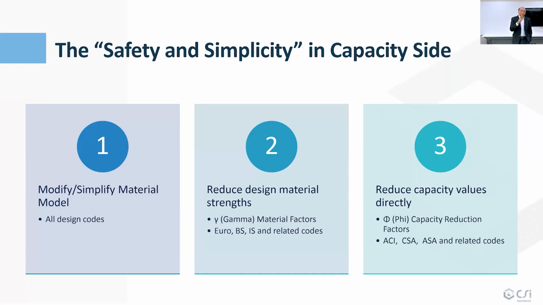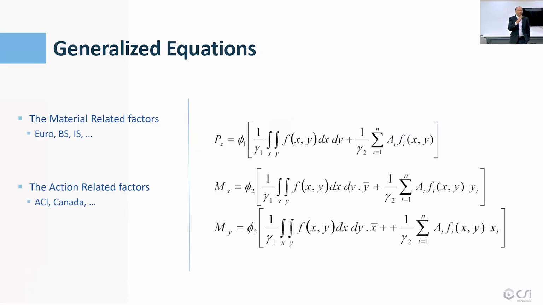To do that, the codes have to simplify things, because the full equations that I showed you are obviously very complicated. So they will simplify the material models, they will reduce the material strength, and they will also reduce the capacity values directly, so they add factor of safety in those three ways. Let's see how they do that. For material reduction factors, codes like Eurocode, BS code, Indian code, and other codes derived from them normally use a gamma factor to modify the strength of the material.